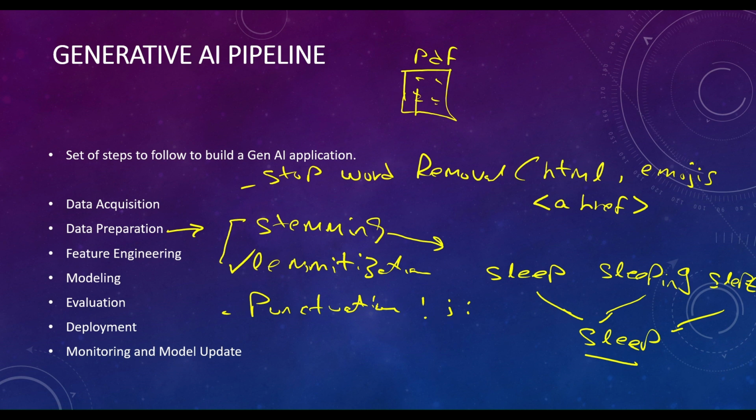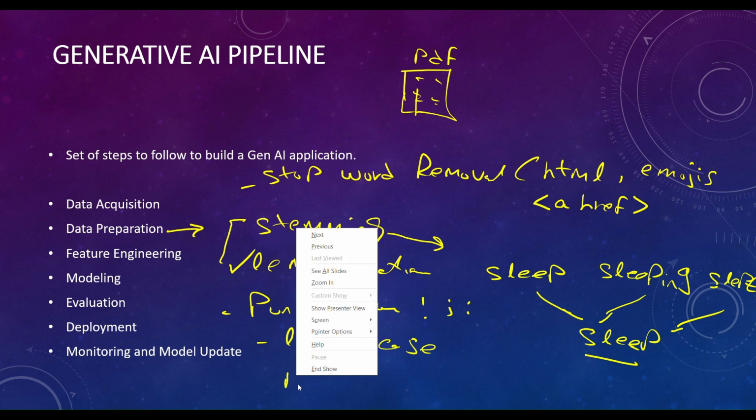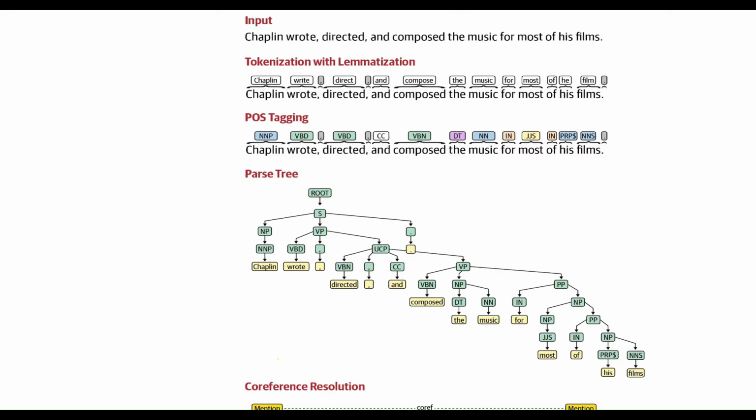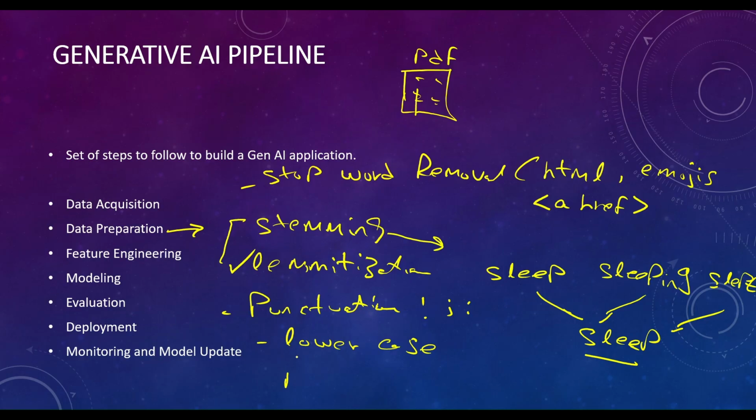Then another thing you will have to do is convert all of your data into lowercase. That's part of preparing your data. Convert the whole data into lowercase. The reason is that, let's say you have a name, for example, AMIR.